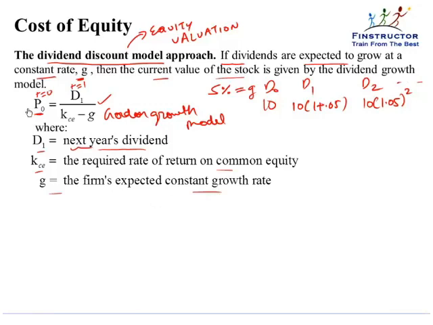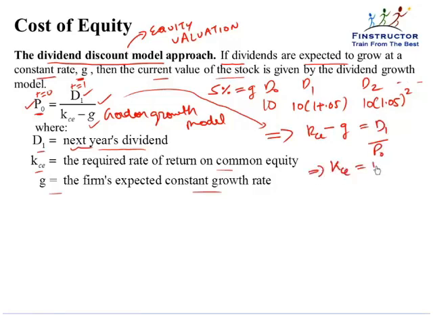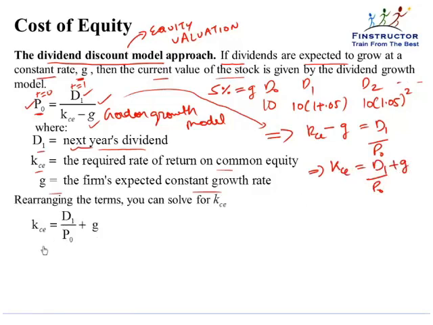So if we know P0, we know D1, and we've estimated the growth rate G, can we compute KCE? So we can write that KCE, or the cost of equity minus G, is equal to D1 by P0, or KCE is simply equal to D1 by P0 plus G. So if we rearrange the terms, we get this.